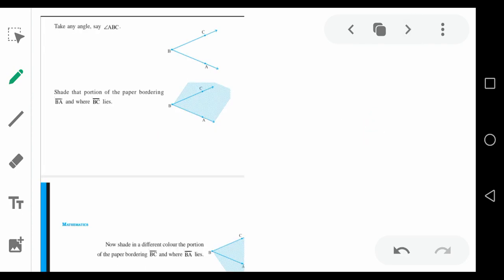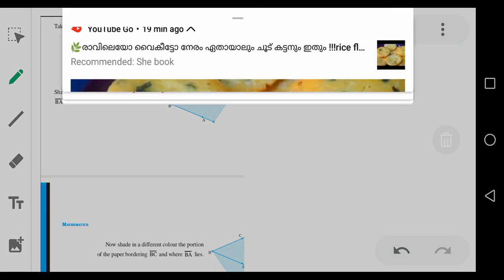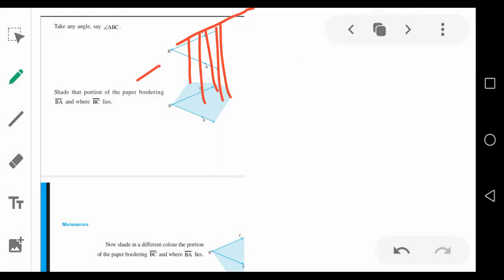Okay. Now coming to the next one, that is interior and exterior. You know what is an interior and exterior of a curve, right? Simple curve, closed curve, we talked about, right? So coming to an angle, here you can see one angle. For the interior, you can see one ray here, right? This side we should shade.